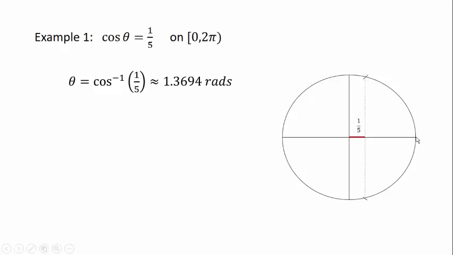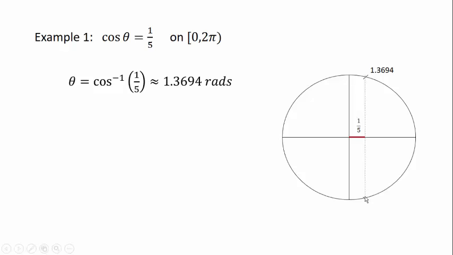That would be the radian measure of the angle that corresponds to this point on the unit circle. So I'm going to go ahead and label that right there, 1.3694 radians.